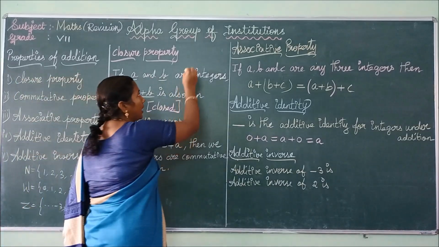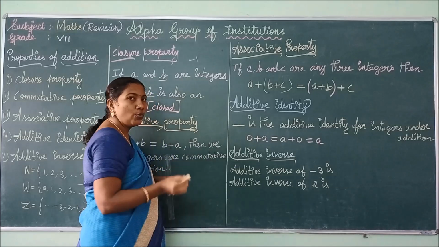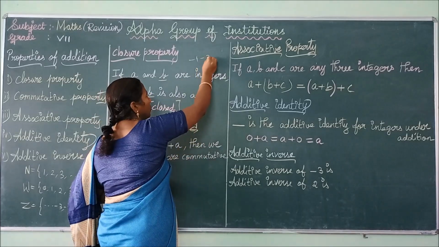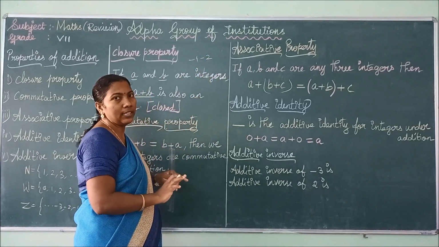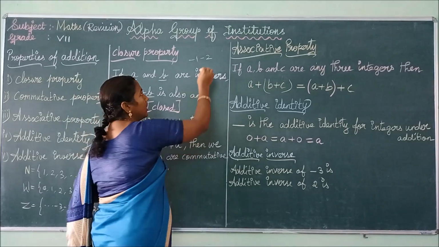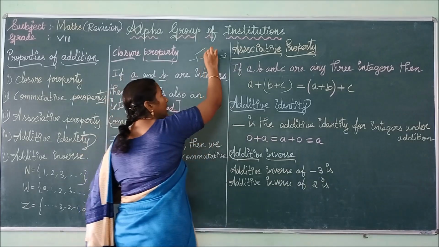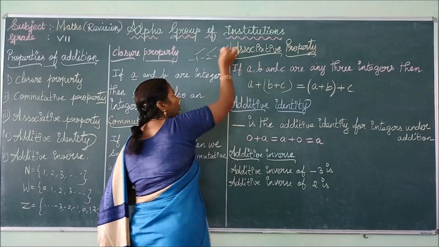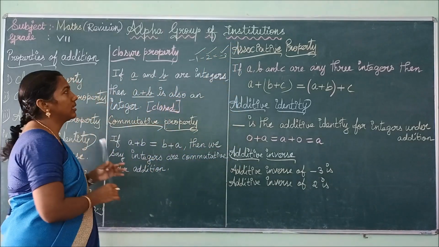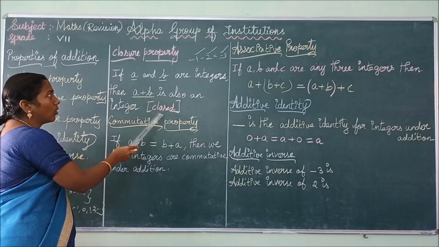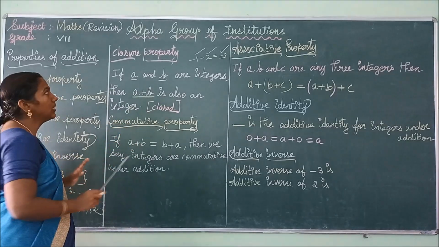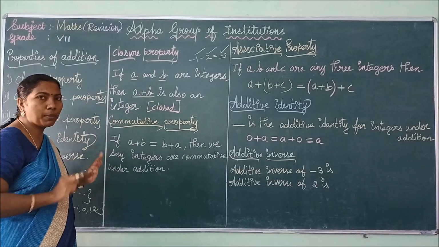For example, if you take the integer -1 and another integer -2, now we add these. So -1 -2, your answer is -3. This is an integer, this is an integer, this is also an integer. Now we can say integers are closed under addition. That's why we call this the closure property.